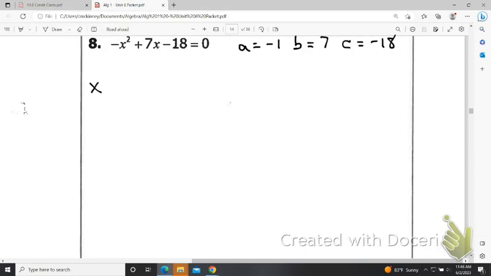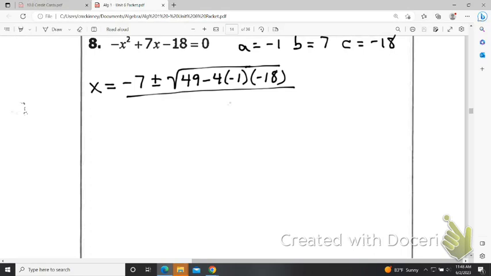So here I would say x equals the opposite of b, so -7 plus or minus, here's my square root, b squared, so 49 minus 4 times -1 times -18. All of that divided by -2.